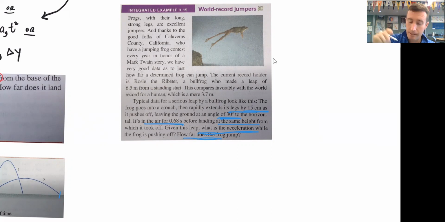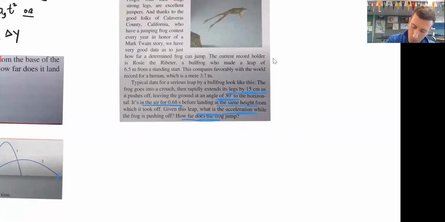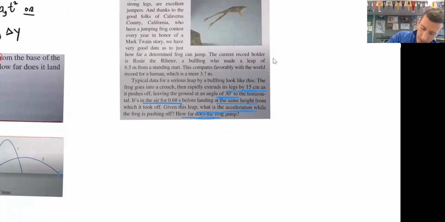So there's two questions. Question number one is the acceleration of the jump. These are my needs. And then my second one is how far does it go? What is its total delta x?